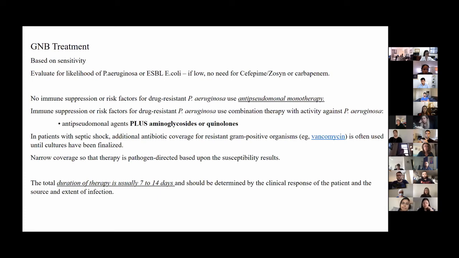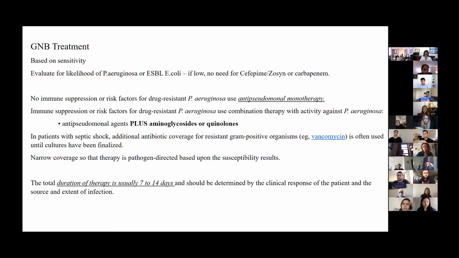So generally for Pseudomonas, monotherapy is adequate. There's a lot of literature, I don't know whether it's still being discussed anymore, about whether you need 1 drug or 2 drugs for Pseudomonas. But in general, unless the patient is very immunosuppressed or they've got a history of drug resistance, monotherapy is adequate.